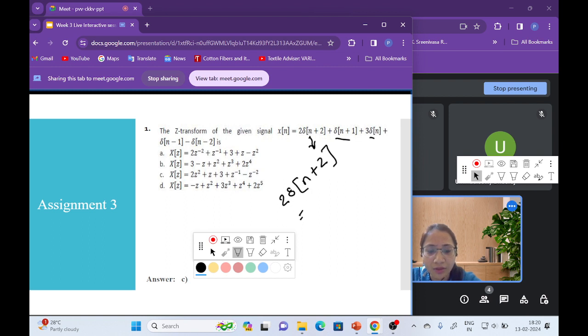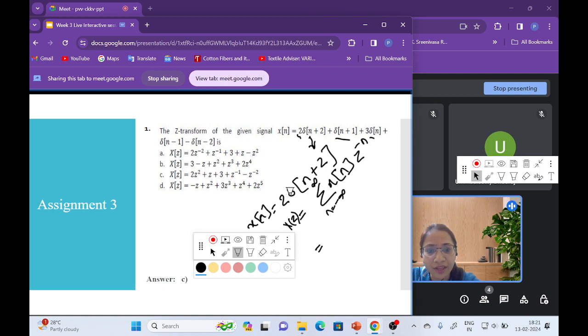Okay. So first I am considering only this part. So this will be our x of n. So what will be x of z for this? The formula is the sum from n equal to minus infinity to infinity of x of n z to the power minus n.